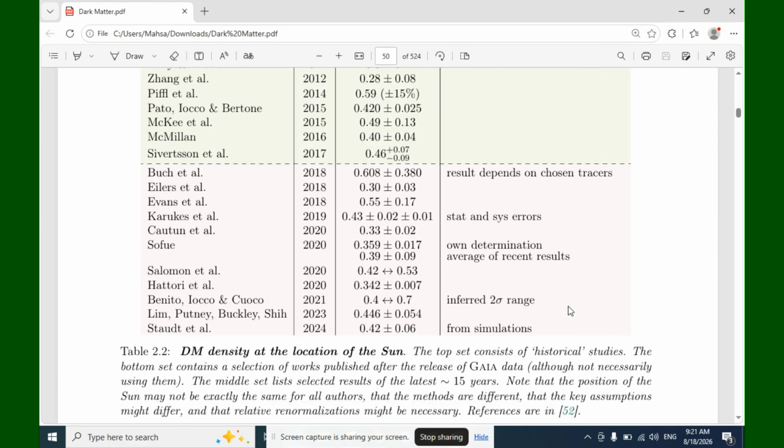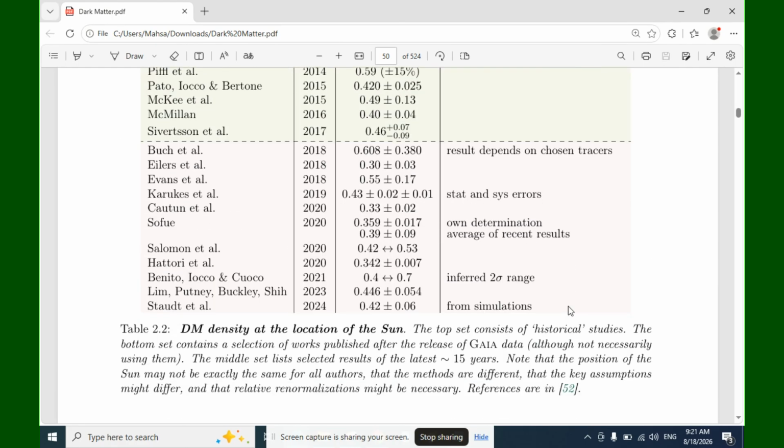So we have table 2.2, which is describing the dark matter density at the location of the Sun. The top set consists of the historical studies. The bottom set contains a selection of works published after the release of Gaia data, although not necessarily using them.